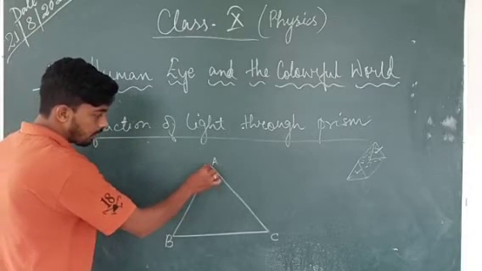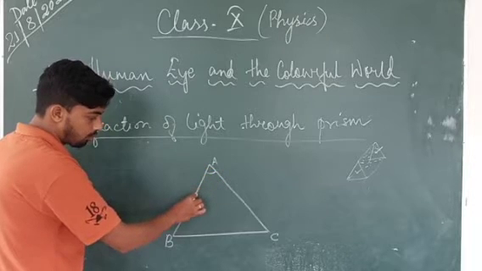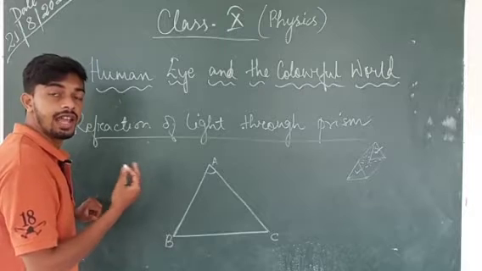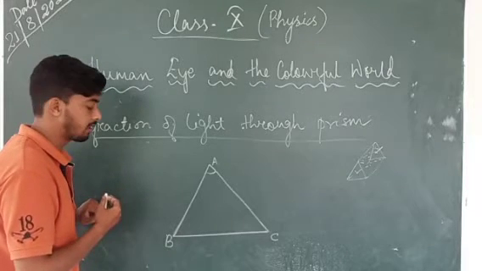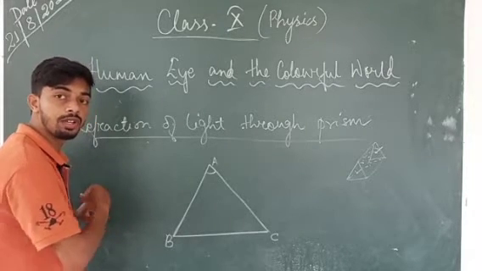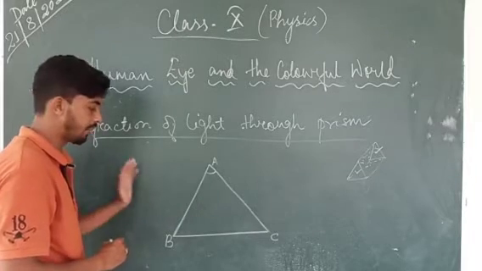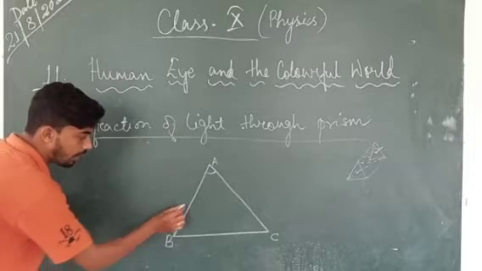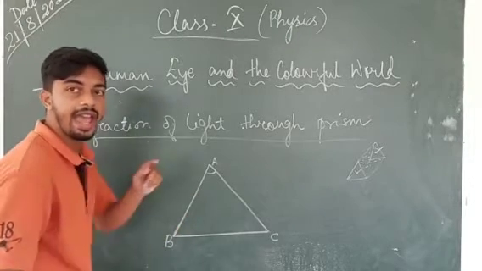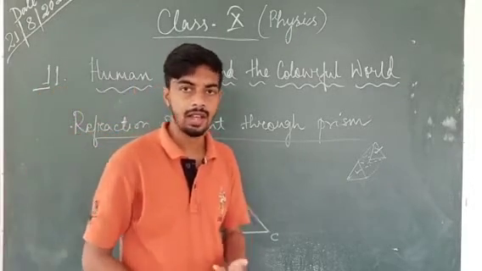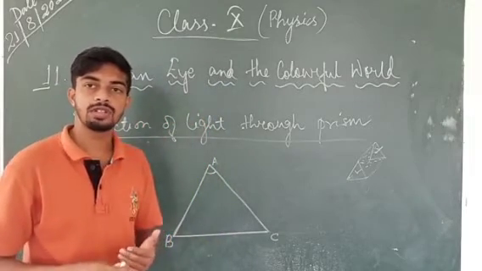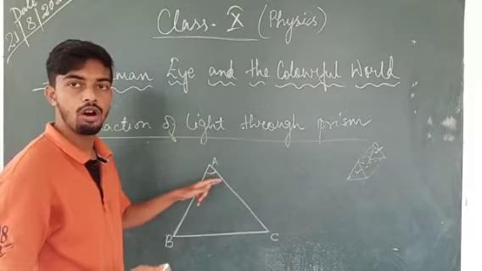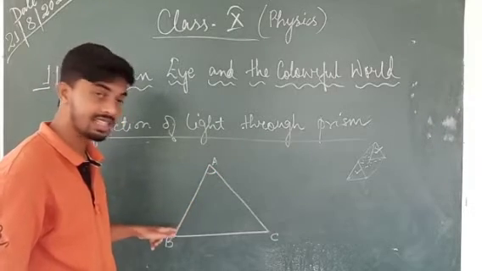Then light will be falling onto this surface. As we have learned in the lens and in the mirror, the incident ray should always be coming from the left hand side. So the incident ray will be falling onto this surface at a certain angle, and to know about that angle we have to draw one normal or perpendicular onto this surface.